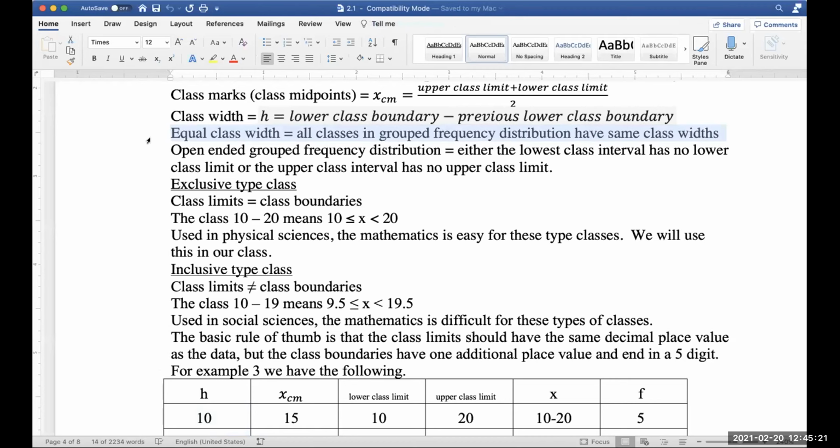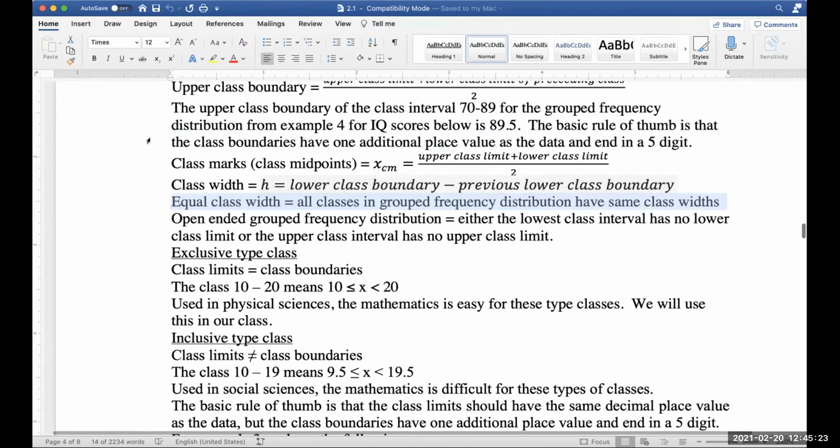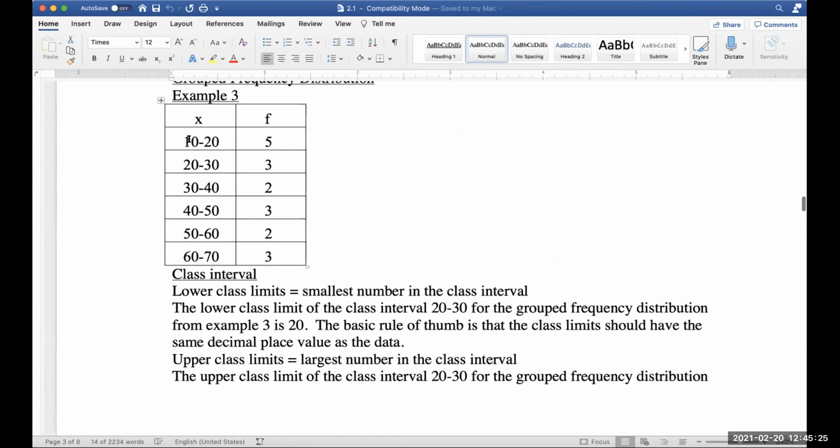So sometimes you have your data, and then there's maybe another piece of data that is maybe 10,000. So you have all this, and then one piece is way, way out there at 10,000. And so you should then go 70, 80, 80, 90, etc., all the way to 10,000 or whatever.